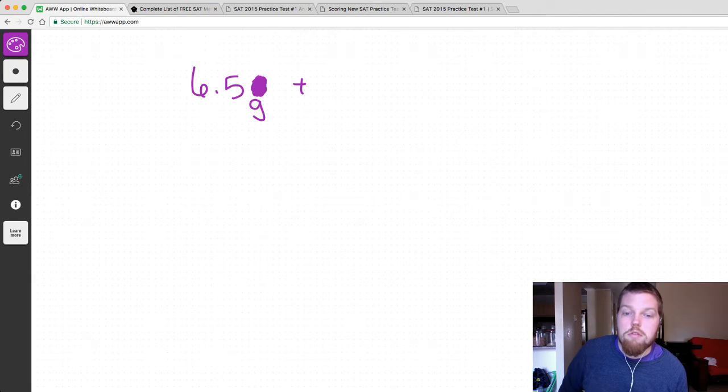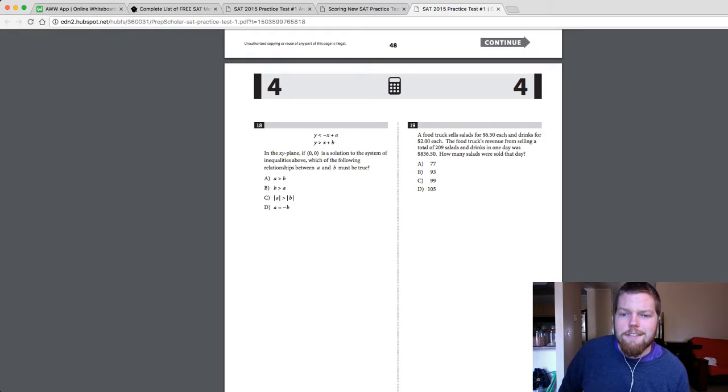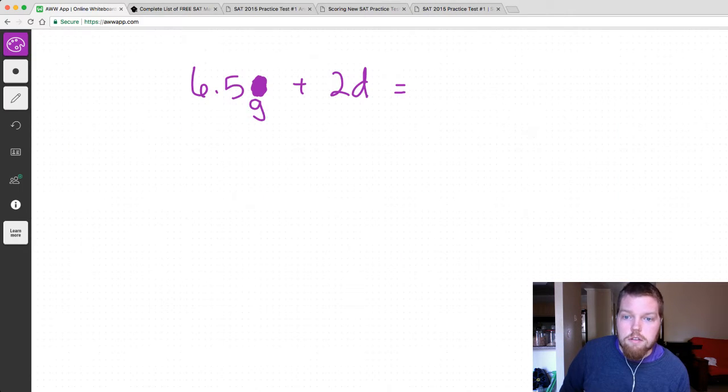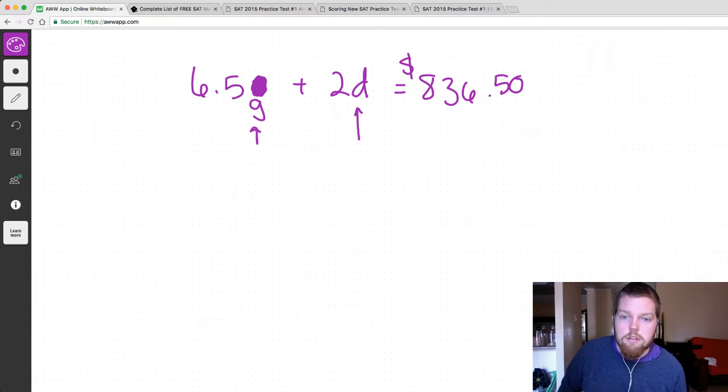So plus 2 times D is $836.50. So if I knew the number of salads I sold G and the number of drinks I sold D, I'd be able to solve for the total amount of revenue that we had for the day.